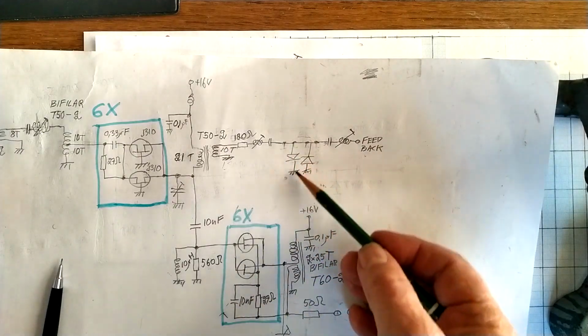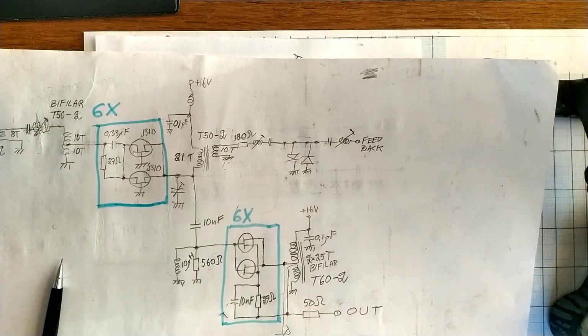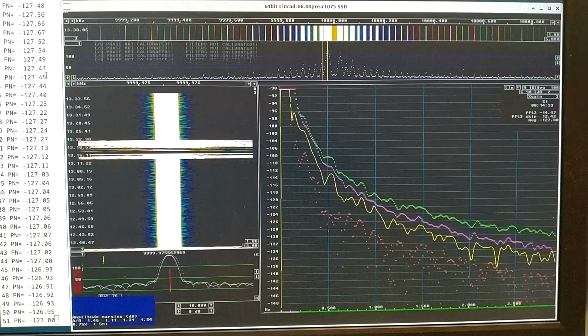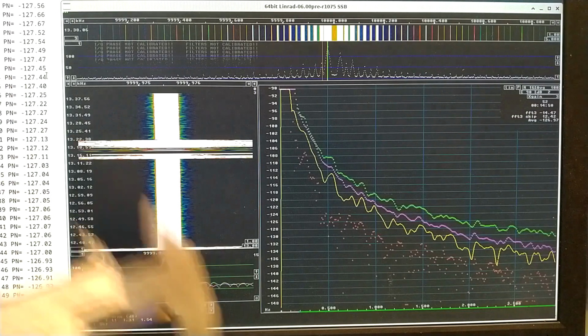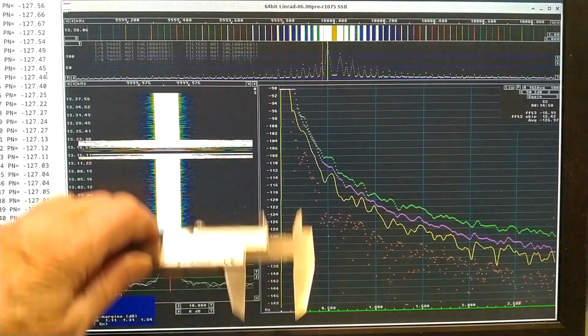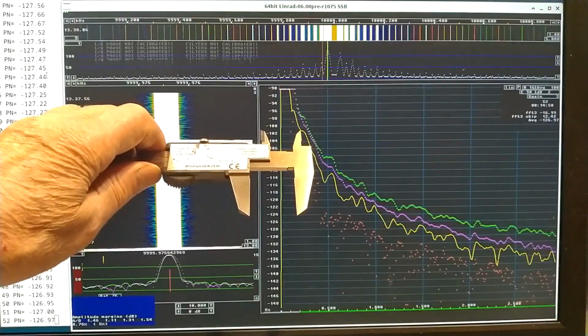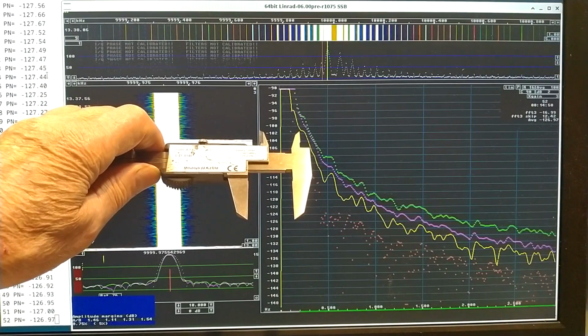So the current through this should have increased by a factor 1.4 about. The average noise is about minus 127 now. But what's interesting is that 0.2 Hertz, which I have here, seems to be below minus 100.